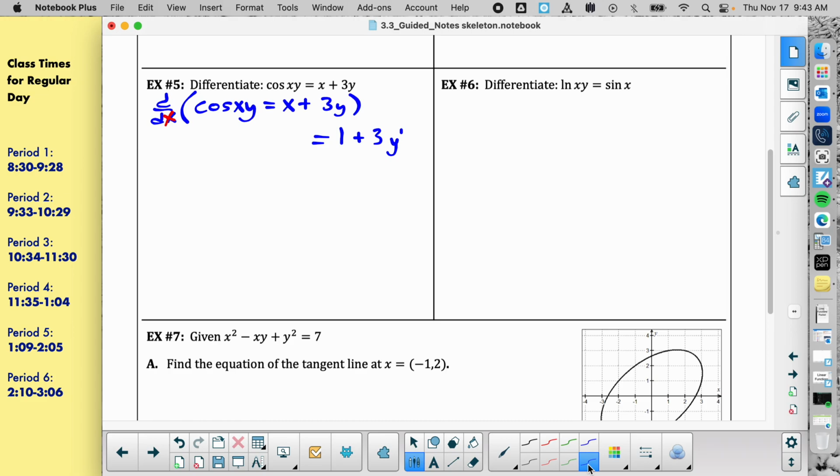Okay, so cosine xy. The derivative of cosine of u is going to be negative sine u times du, or u prime. Well, the derivative of xy is the product. So first, derivative of second, plus second, derivative of first.